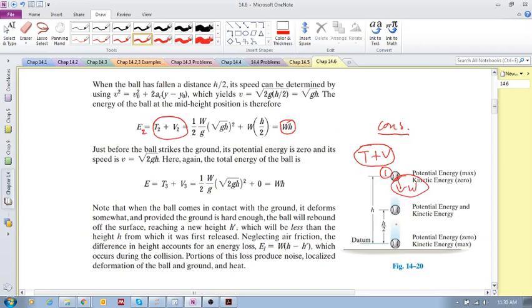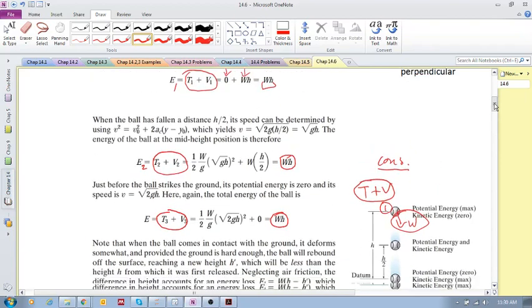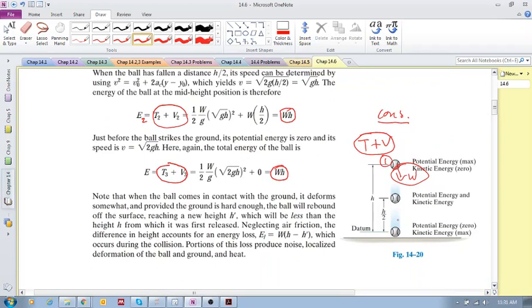And then if it drops all the way down to this point over here, T plus V at state 3, we see that it is also WH. So the total energy has remained the same at every single point. This is the conservation of mechanical energy.